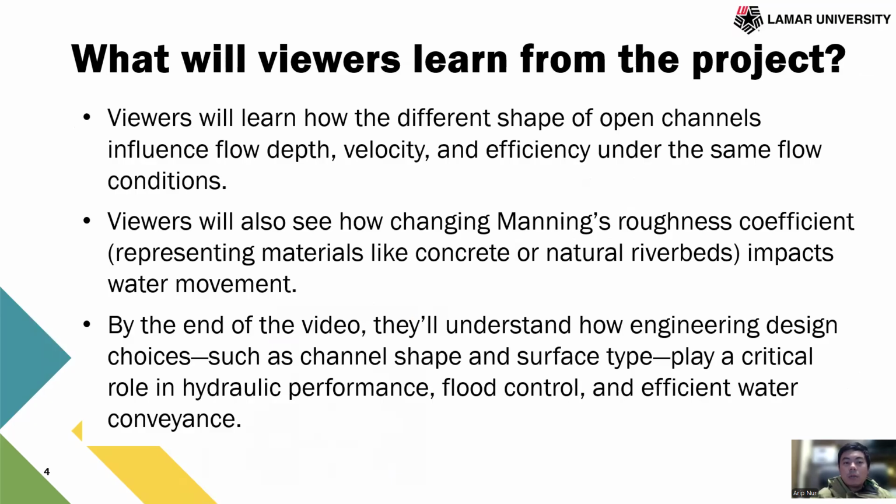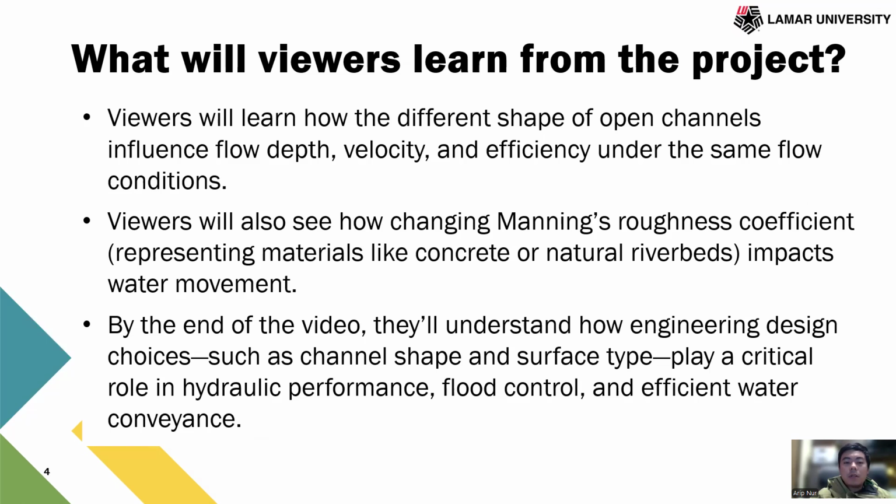What will the viewers learn from the project? I hope the viewers can learn how different shapes of open channels can influence the flow depth, velocity, or efficiency under the same flow condition. Also, I hope the viewers can see how changing the Manning's roughness coefficient, which represents materials like concrete or natural riverbeds, impacts water movement.